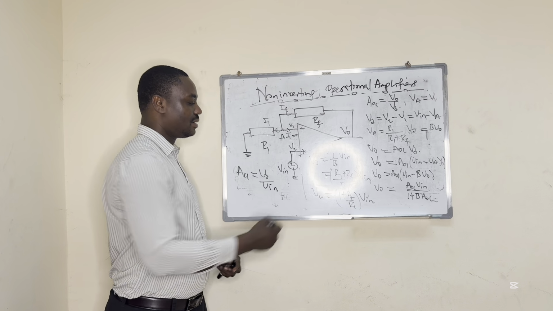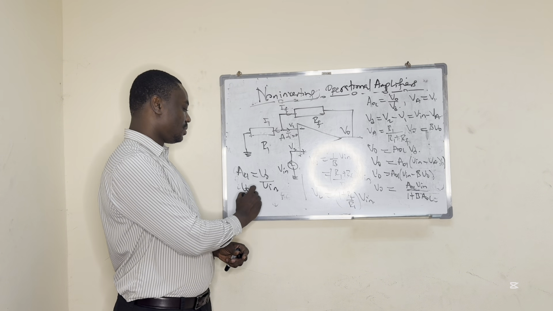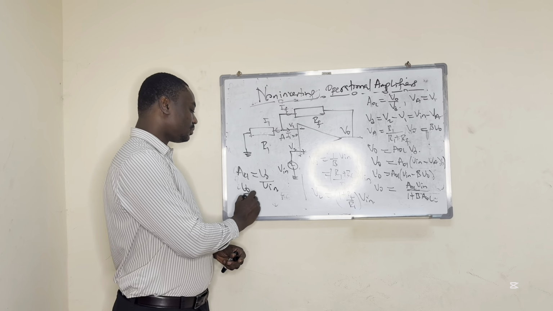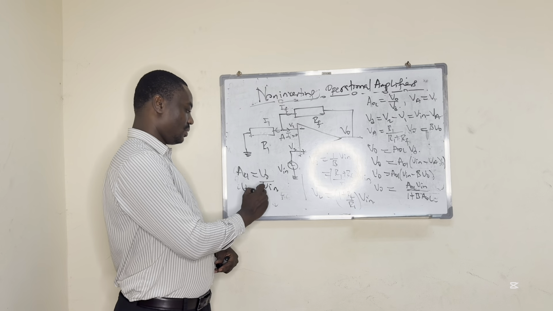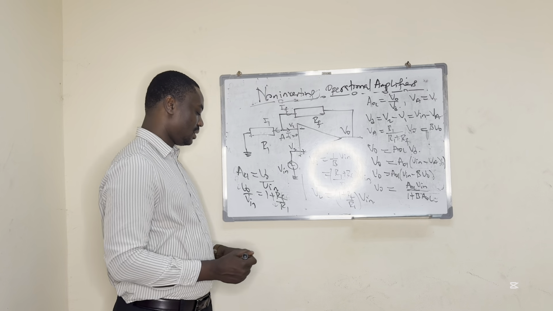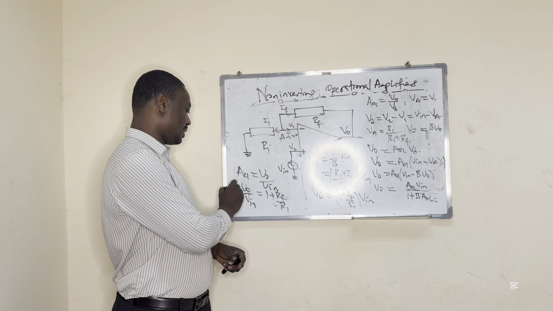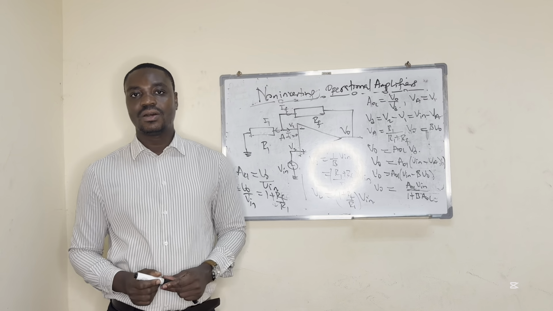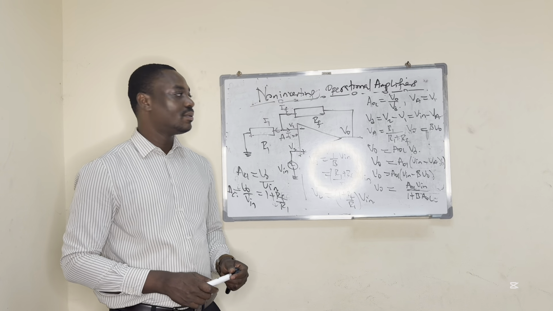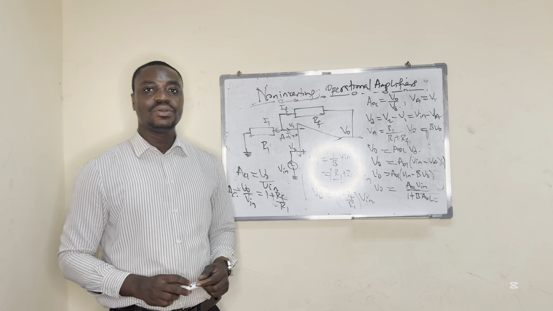If we make that relation here, the output voltage over the input voltage source is going to be equal to 1 plus RF over R1, and that is going to be the same as the closed loop gain. And this is how we are able to come out with a formula for a non-inverting operational amplifier.